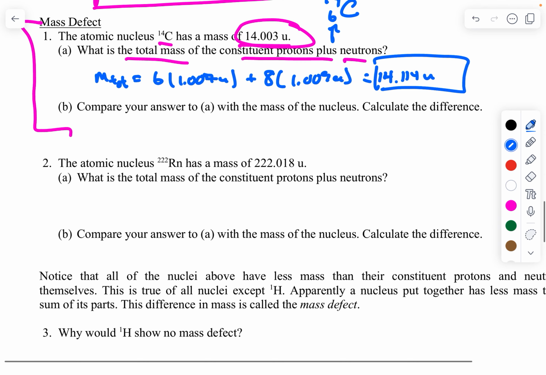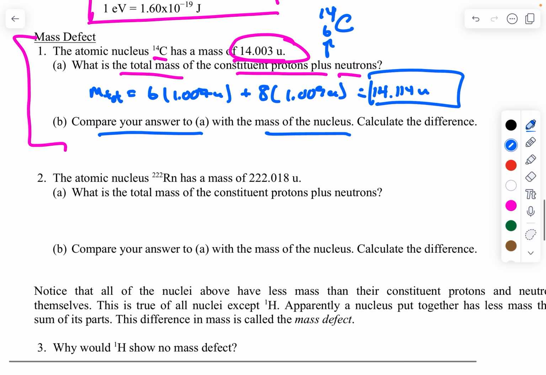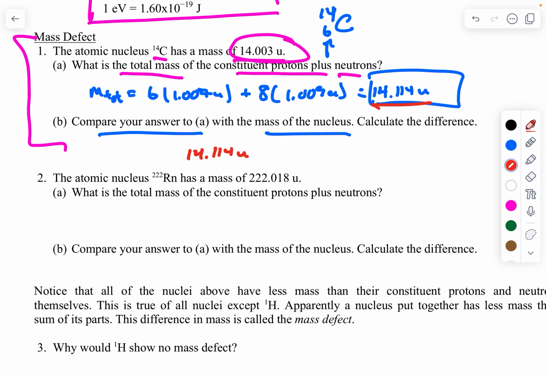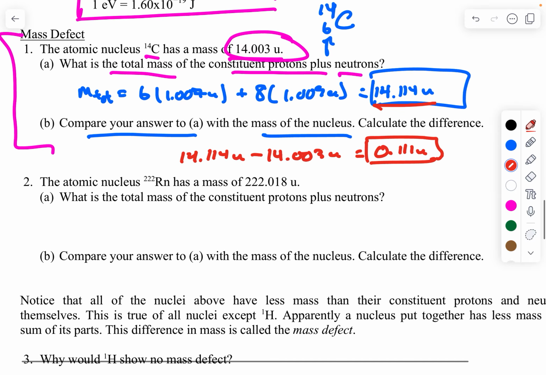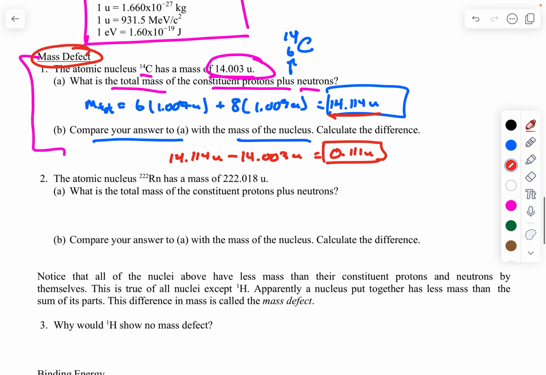Then you compare your answer to the mass of the nucleus. So it's going to be 14.114 U minus 14.003 U, and that's going to give us about 0.111 U. This is the mass defect, so that's what we're calculating.